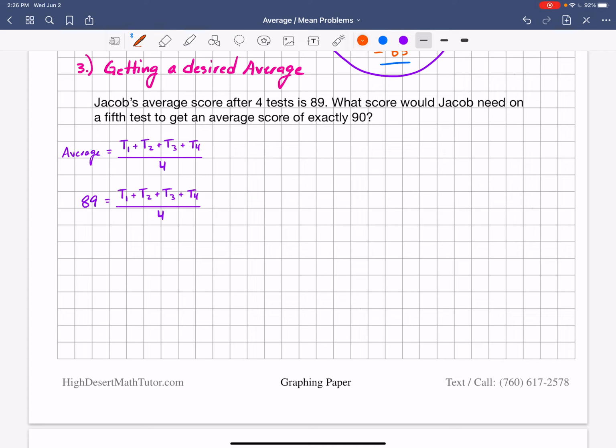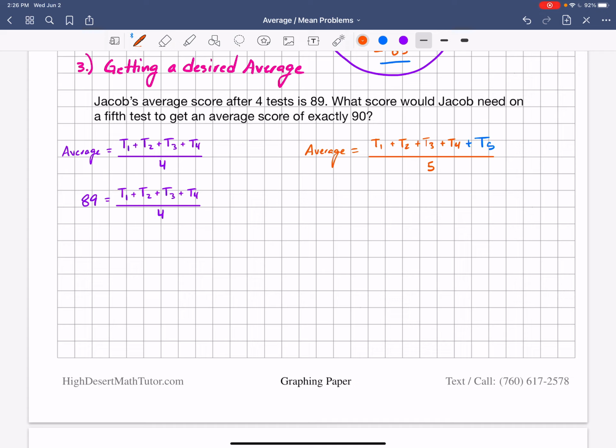So to set ourselves up for this one, we're going to take the first 4 tests, test 1 plus test 2 plus test 3 plus test 4. But test 5 is a special one because that's the one we're looking for. And just remember, since we're taking now 5 tests, we're not dividing by 4 anymore. We're going to divide by 5.